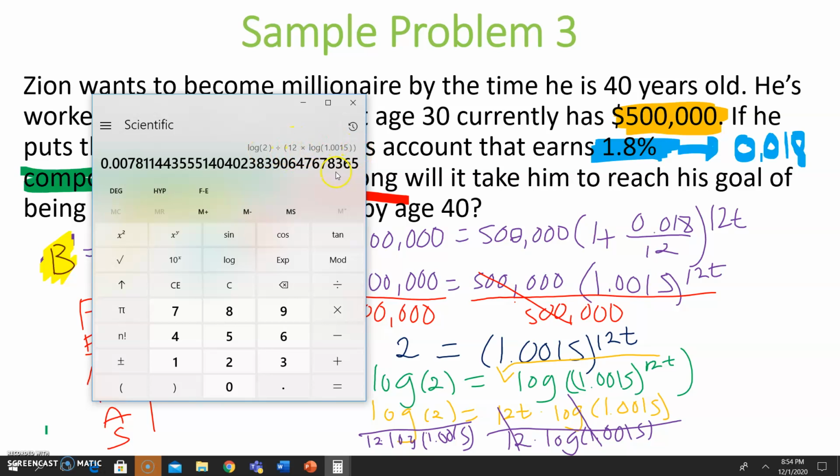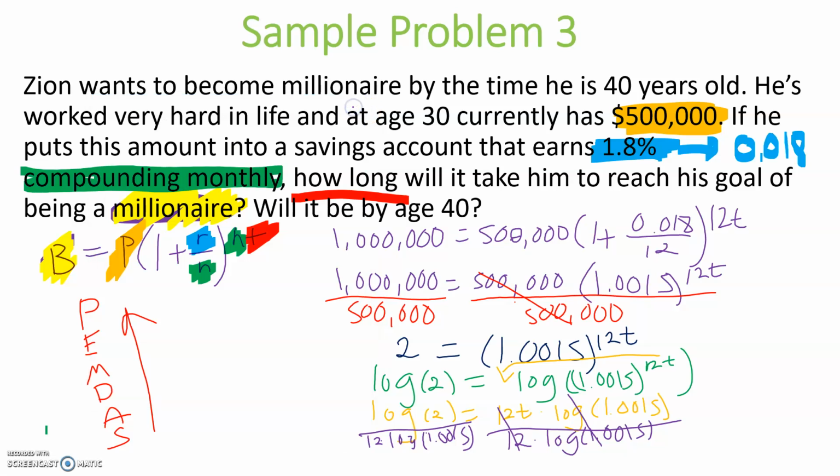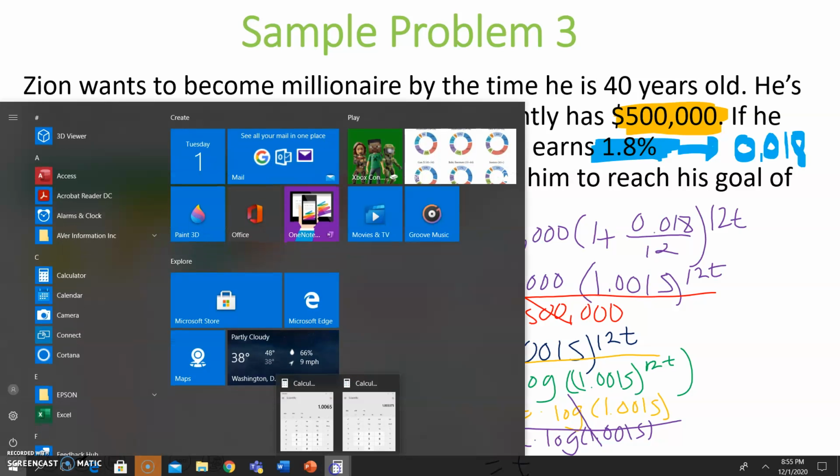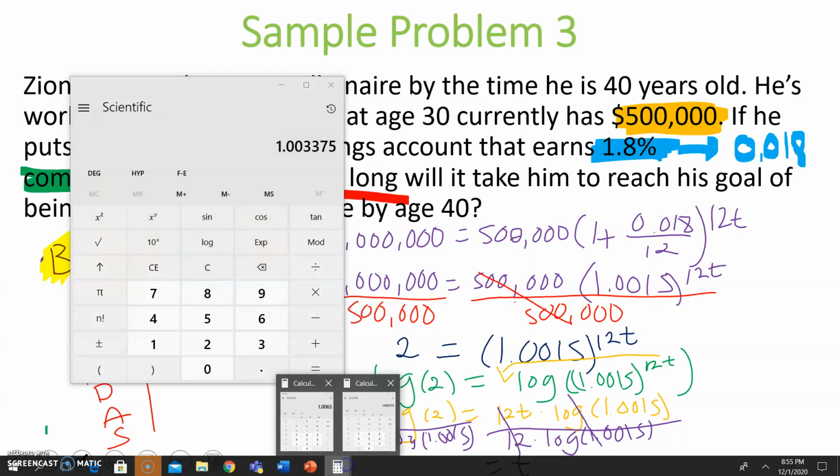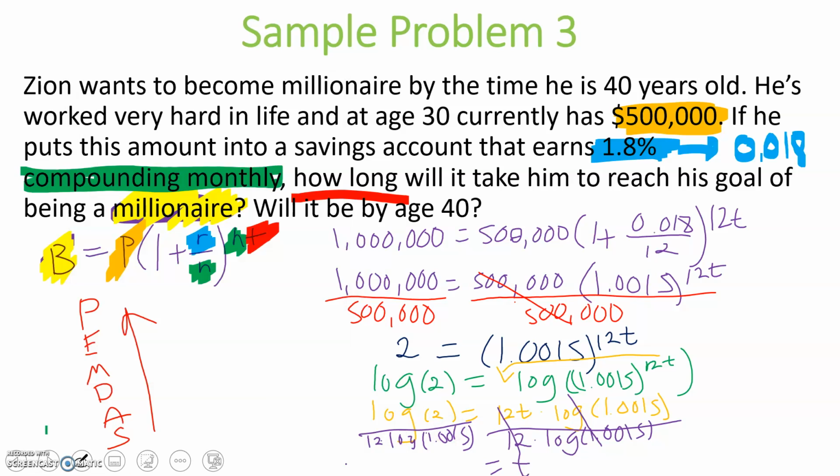We've grouped the denominator, and then we hit enter, and we can see that the time is about 38.54 years. So let's just say 38.5 years. Now, obviously, that will be a slight underestimate, but I'm okay with that. We can go up if we need to. So 38.5.